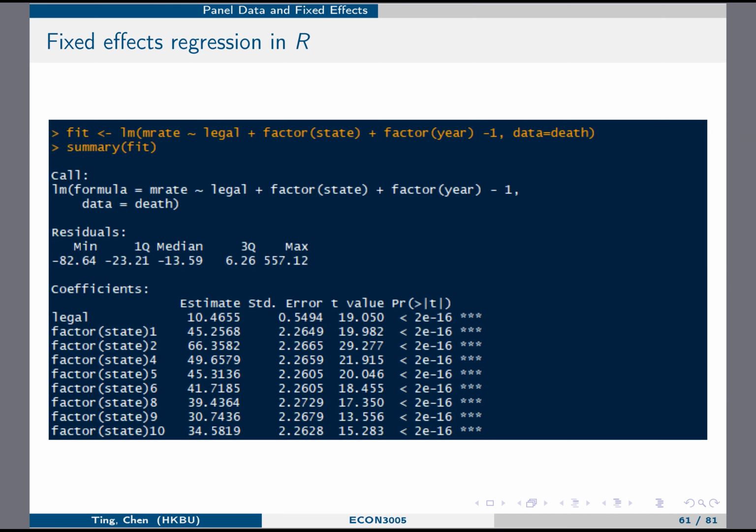But instead, we can combine this and save one step. We just put the state variable into the factor function and then directly put it in the regression. It will be the same. And the same for the factor variable of year. Basically, it does the same as before, telling R to treat these two categorical variables as factors, meaning generate all the dummy variables and put them in the regression.